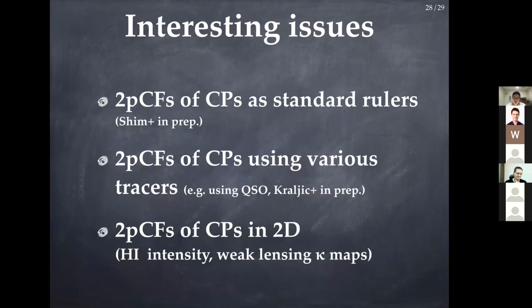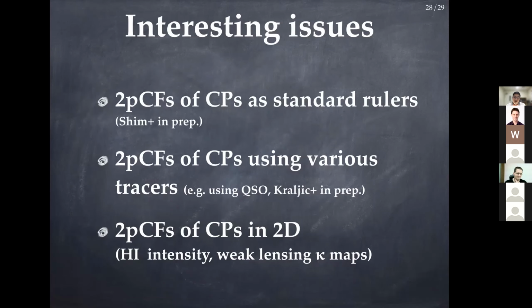And you also notice that these scales are quite insensitive to the redshift evolution. So it gives us some clue that we can use these as standard rulers. So I'm working on that.